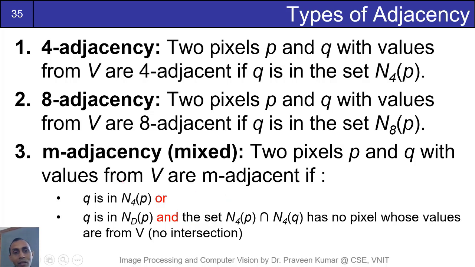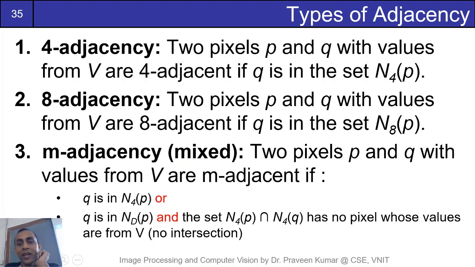This is just another term I'm going to use. It's not so frequently used, but as I said, four adjacency is basically if they belong to the set of four neighbors. Eight adjacency is when two pixels p and q are eight neighbors of each other. But sometimes there is also something called mixed adjacency.